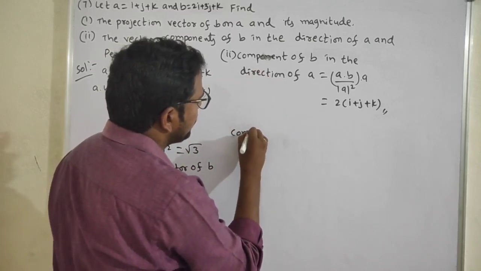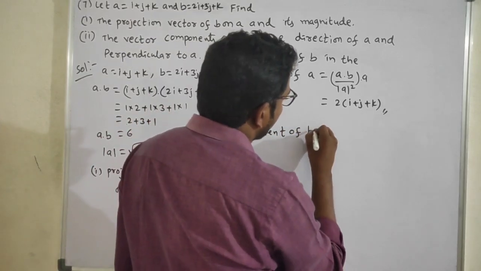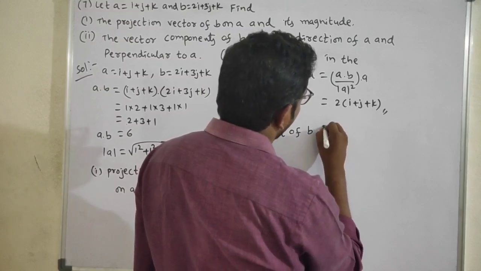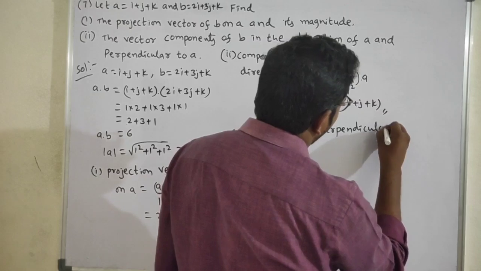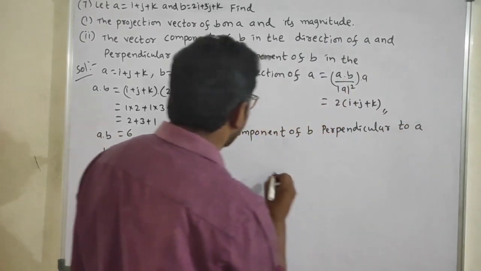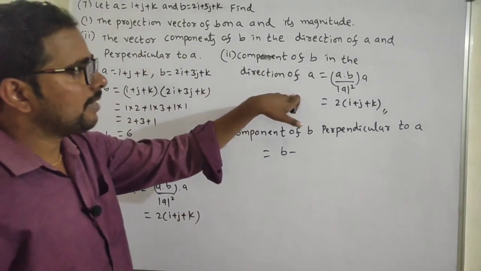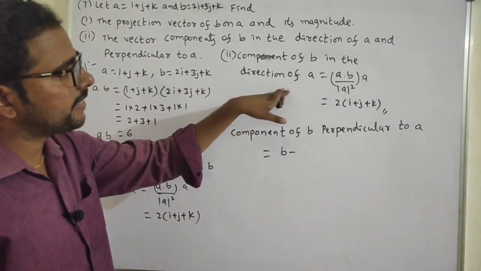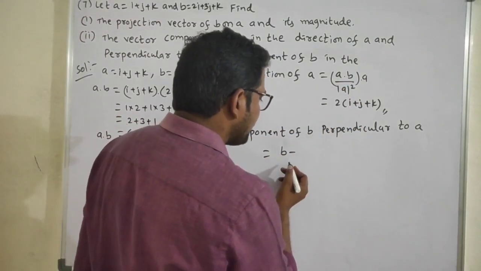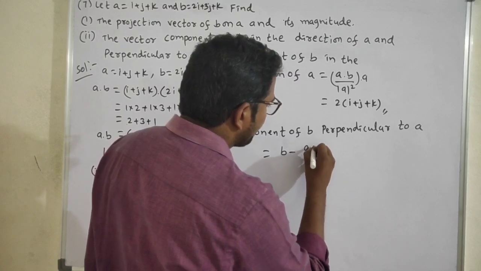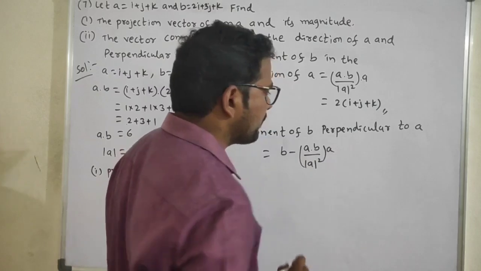The component of B perpendicular to A is equal to B minus the part parallel to A, that is, in the direction of A, which is A dot B by mod A square into A. So perpendicular to A is equal to this formula: B minus A dot B by modulus A square into A.